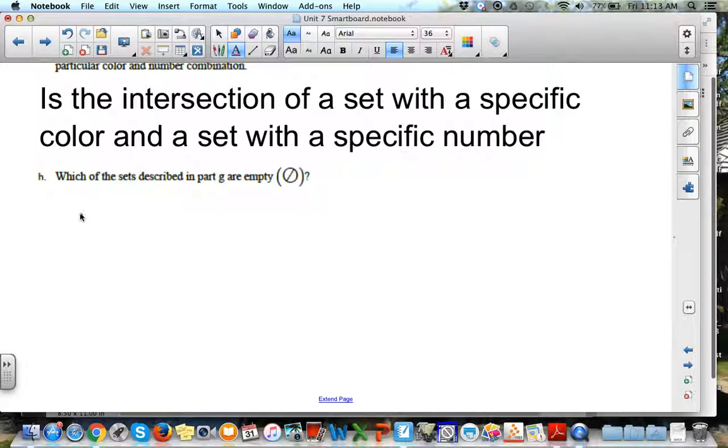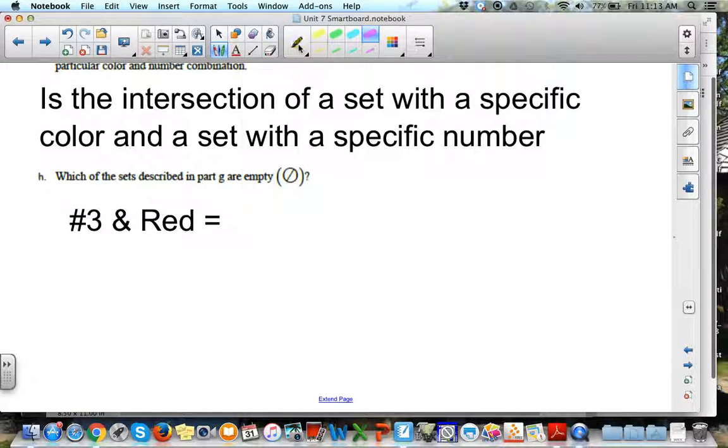So if we were to write that out, a number 3 intersected with a red is empty. And I'm going to have to draw that out with my marker because I don't have that symbol. But a number 3 and a red, that set is going to be empty because we didn't have that.